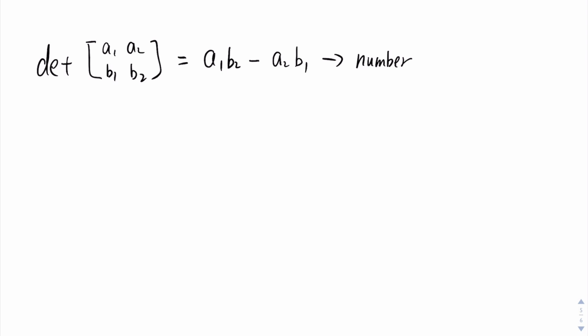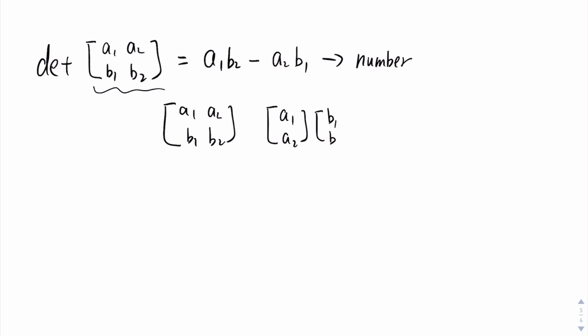Well, I assume that you know what this matrix means. It is actually like two vectors, a1, a2, and b1, b2. To take the determinant of these two vectors, write them in the form a1, a2, b1, b2.